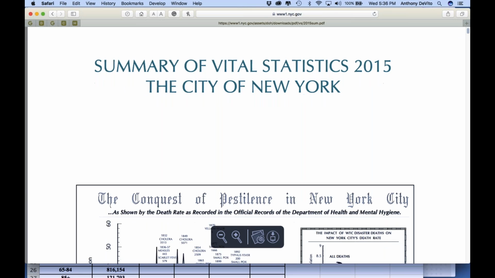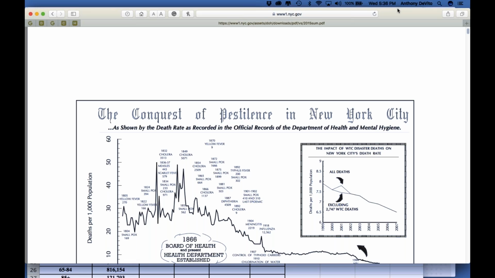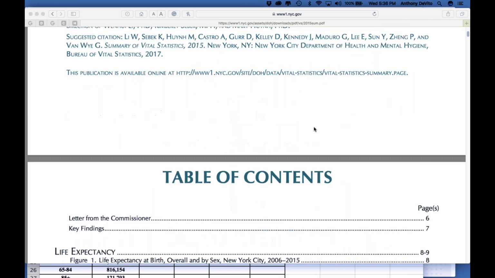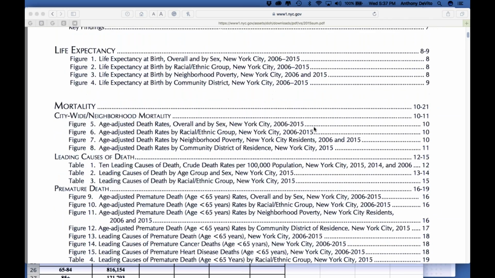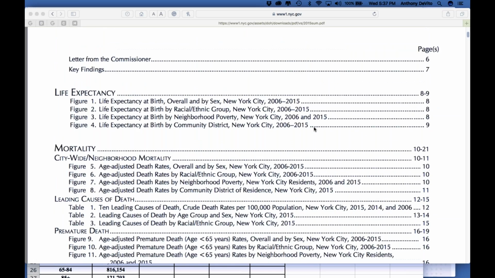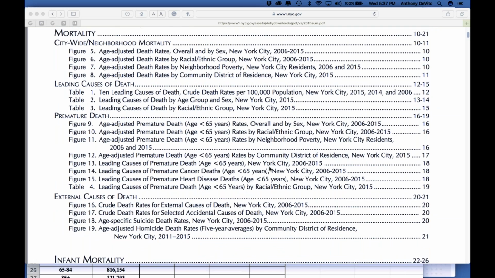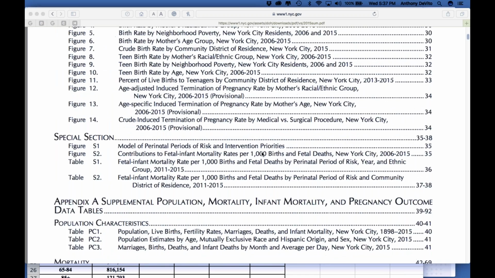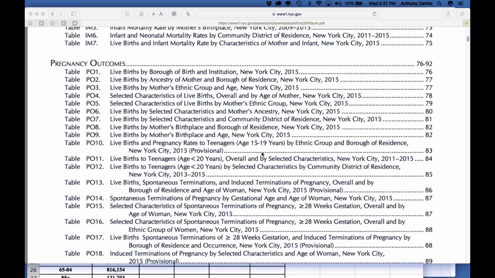Here we go. This is a PDF file that's published every year by the New York City Department of Health. In this document, they list many statistics for life expectancy in New York City, current life expectancy, mortality for different groups, infant mortality, and various other health-related and life-related statistics.